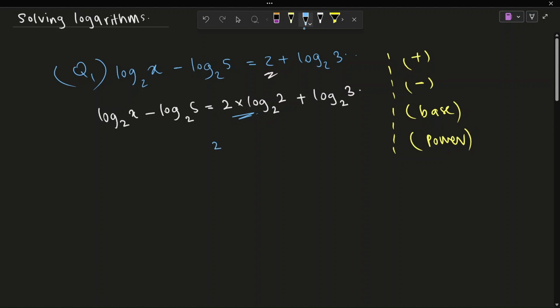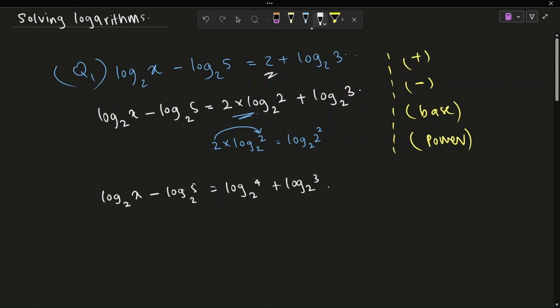Therefore, according to the rule, we can turn this 2 into a power of this 2 and write it as log 2 squared to the base 2. And since 2 squared is equal to 4, we're going to have another equation like this: log x to the base 2 minus log 5 to the base 2 equals log 4 to the base 2 plus log 3 to the base 2.